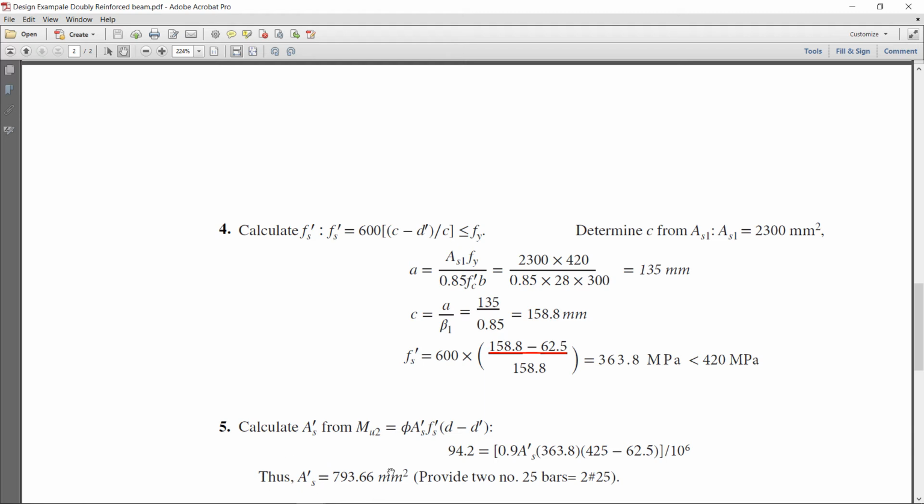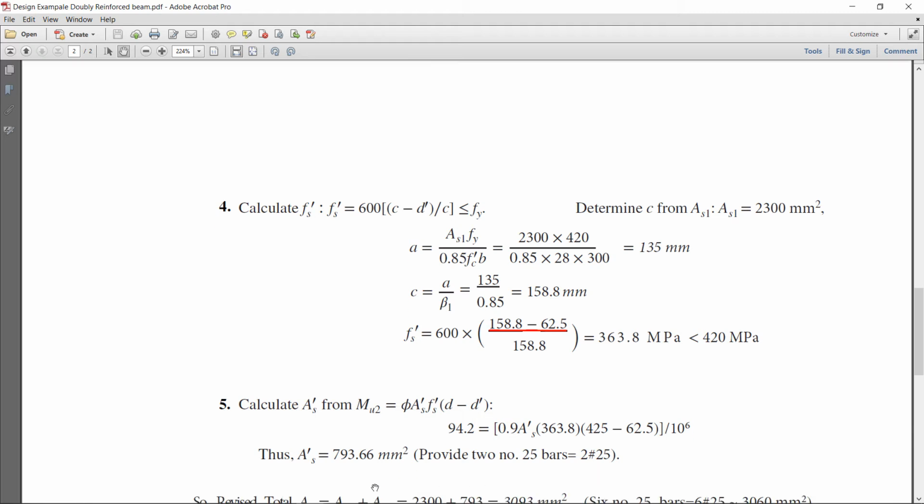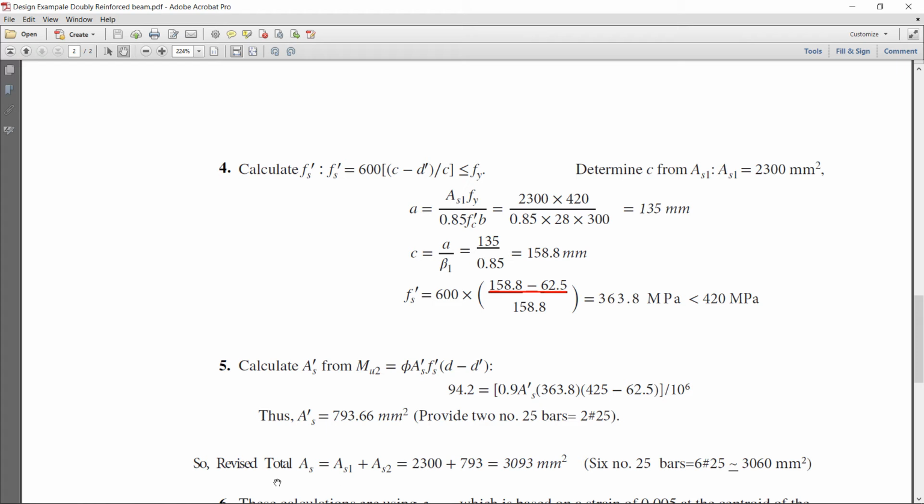Now for the compression steel you can provide two number 25 bars whose area will be 1020 millimeter square, which is greater than the required. So the revised total steel will be As1 plus As2. As1, which we calculated from the tension control condition, is 2300, plus the revised As dash 793.